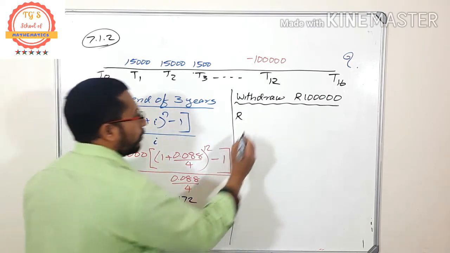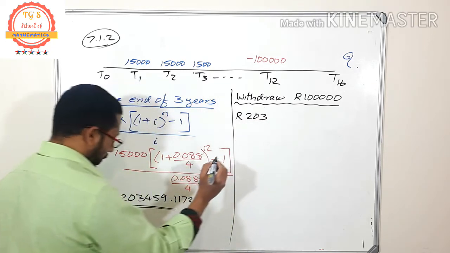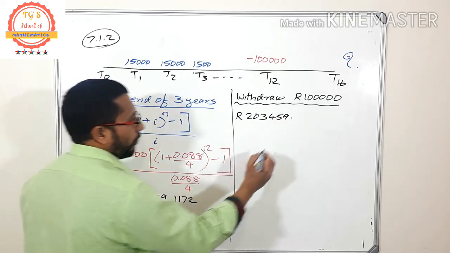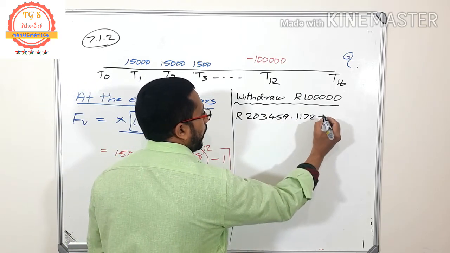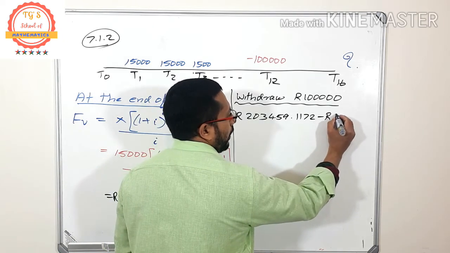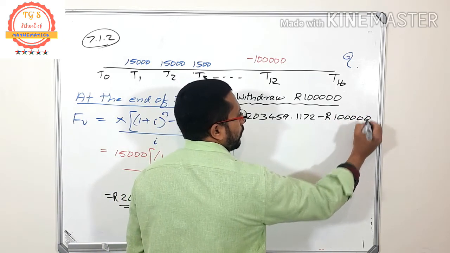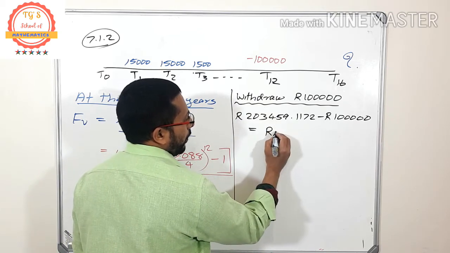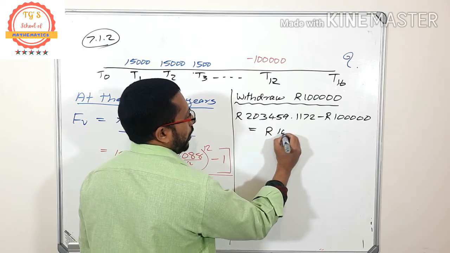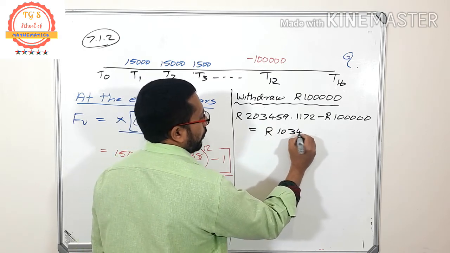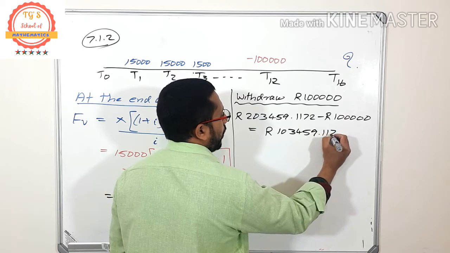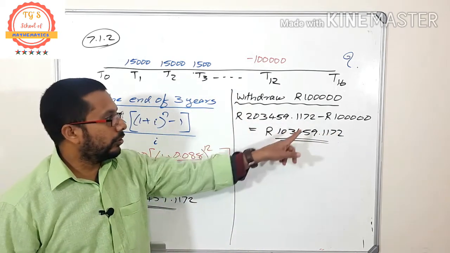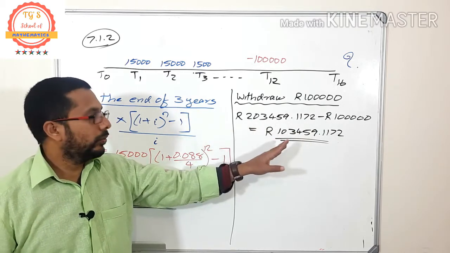This amount, 203,459.1172, minus how much she withdrew? 100,000. So after the withdrawal, what's the answer? 103,459.1172. So after the 100,000 withdrawal, in her account now it's 103,459.